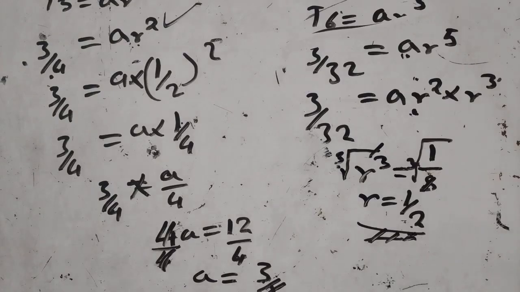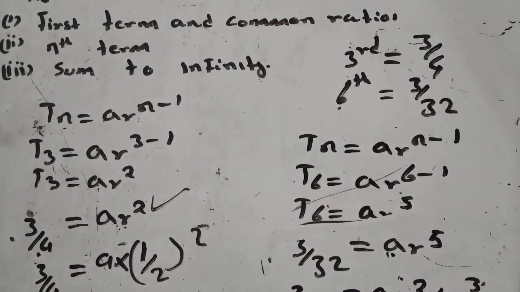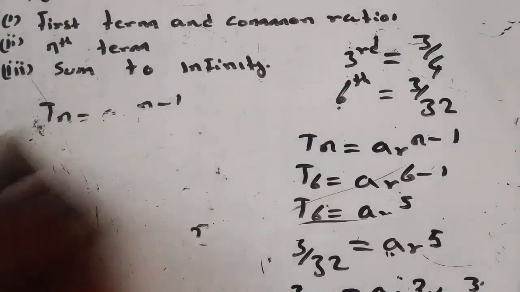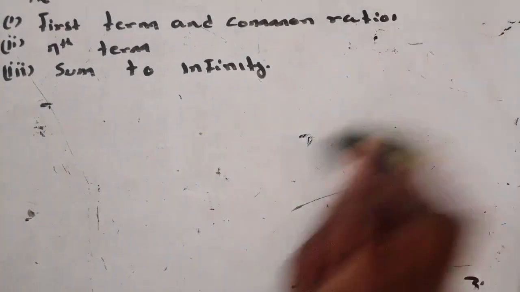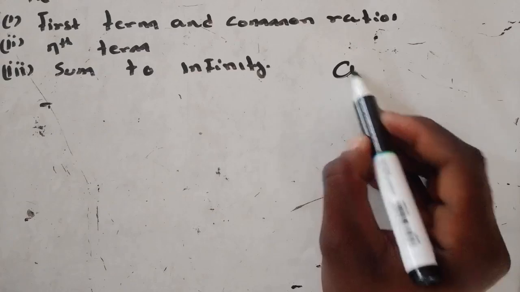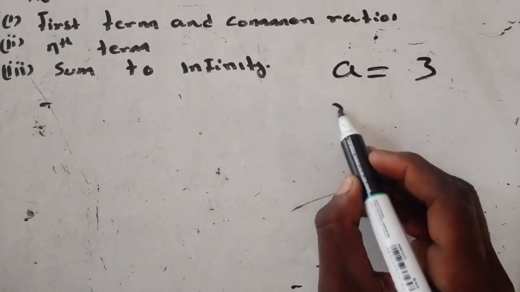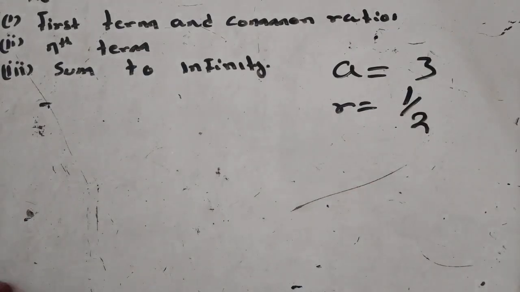Let's now go to question 2, where we are told to find the nth term. So remember, we have found our a to be 3 and r to be 1 over 2.